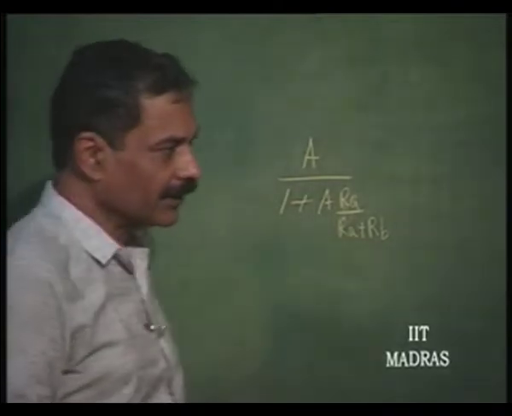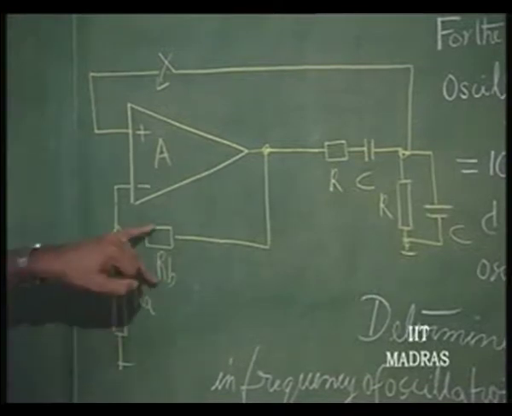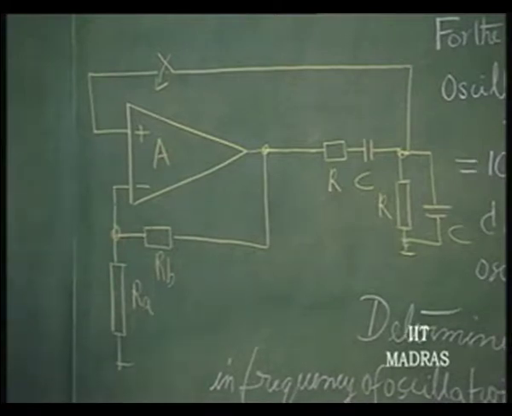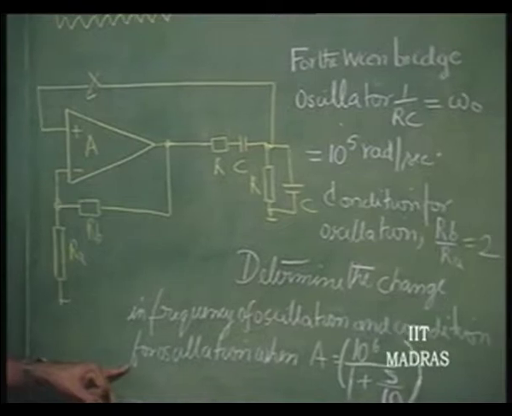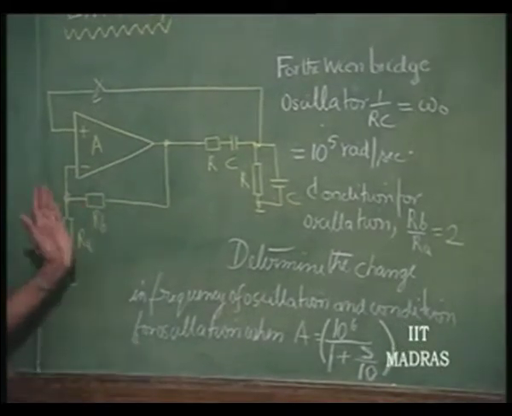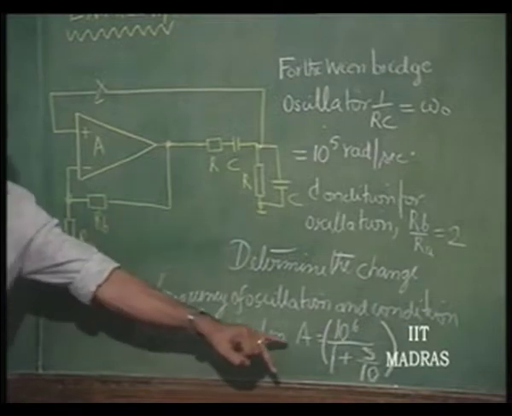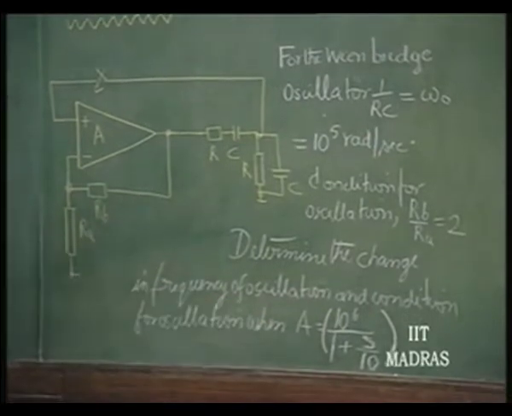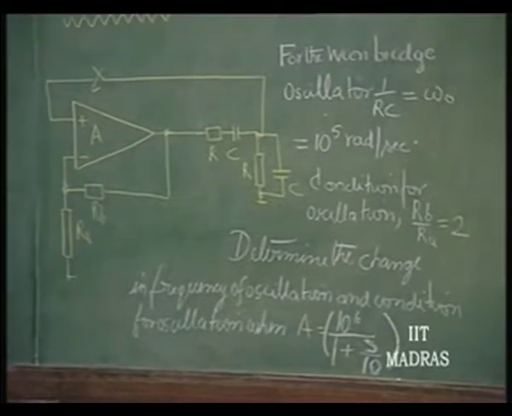That in this particular case is going to be nominally equal to 1 by 3, RA by RA plus RB, because of that condition. It might now change, it will become less than 1 by 3. So, that the gain is greater than 3 for making this get satisfied, that finite gain comes into picture, and therefore, you need a slightly larger gain than 3 in this case, that we will see later.